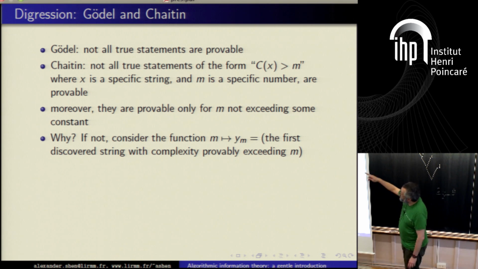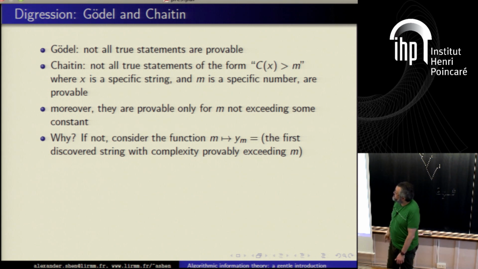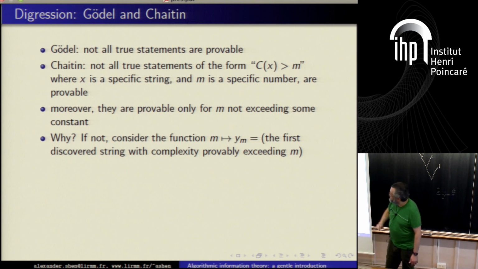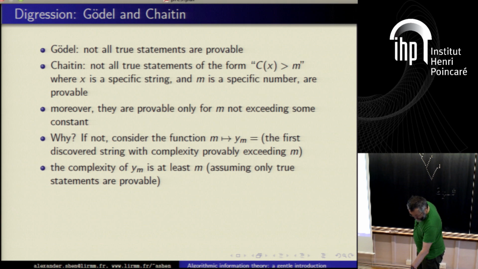If it's not the case, so these statements can be provable for arbitrarily large m, then we can just look at all the proofs and wait until we prove that some string has complexity greater than m, and in this way we computably find a string of large complexity, and so on.